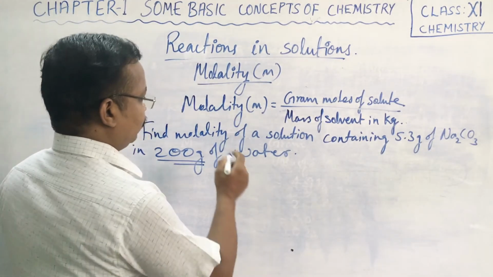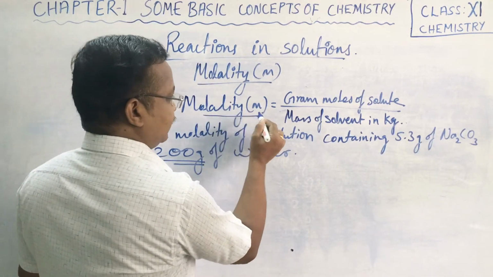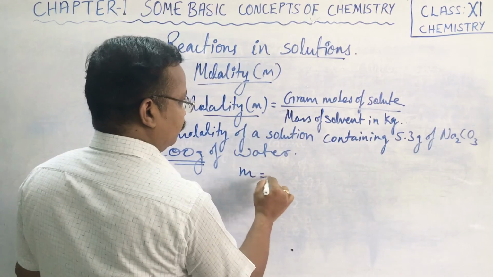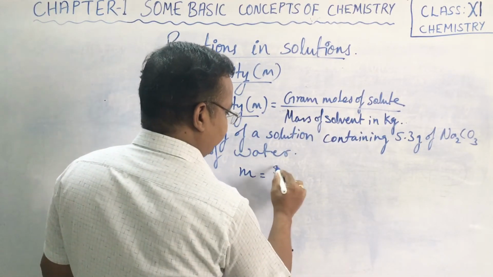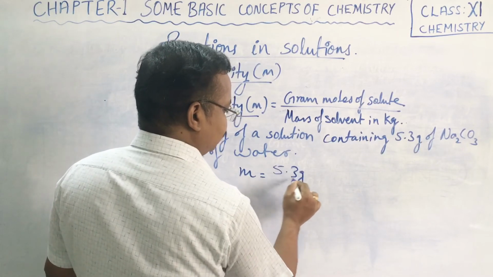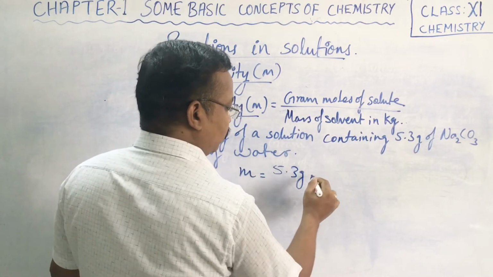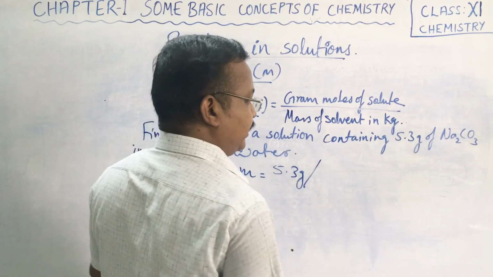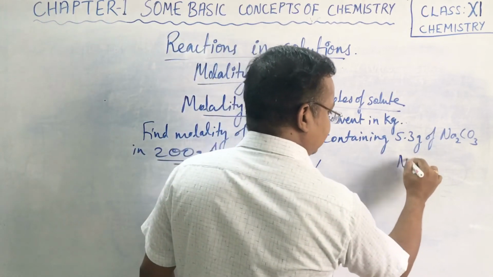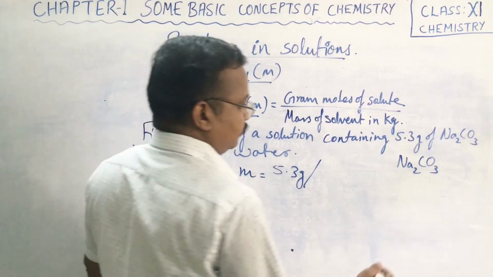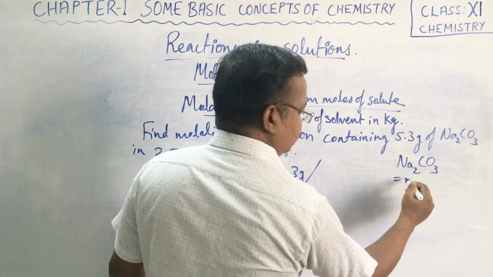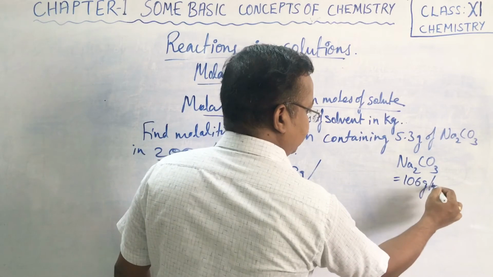We know the formula to find the molality: m is equal to gram moles of solute divided by mass of solvent in kg. Here we have 5.3 gram, and we need the molecular mass of Na2CO3. It comes to 106 gram per mole.